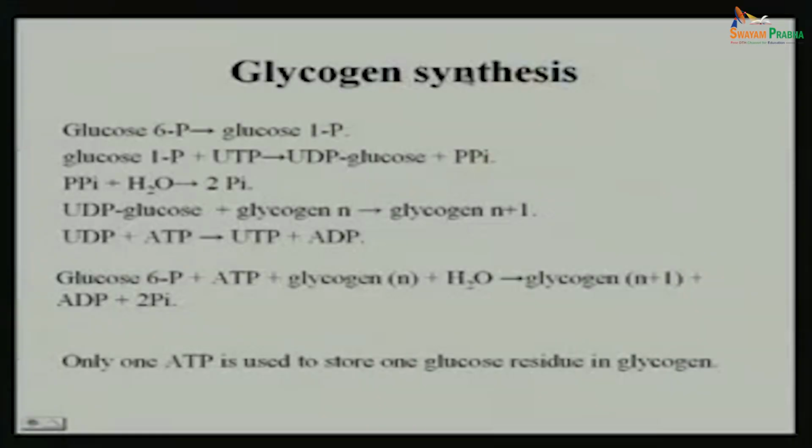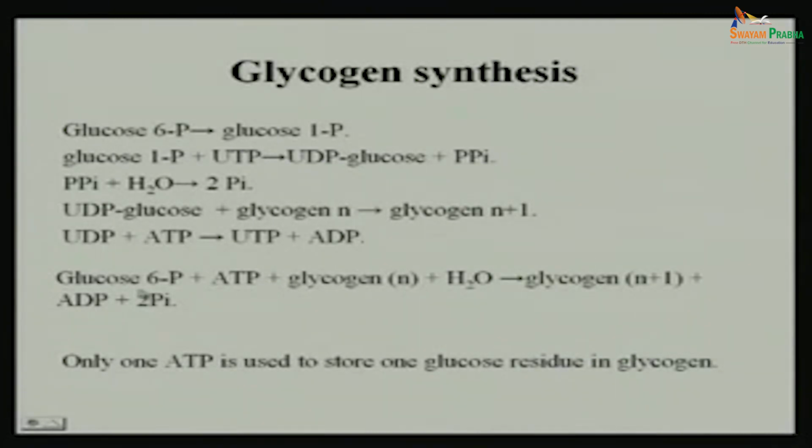Now, if we see the glycogen synthesis, glucose 6-phosphate becomes glucose 1-phosphate. Glucose 1-phosphate in the presence of UTP produces UDP glucose and PPi. This pyrophosphate in the presence of water gives inorganic phosphate. UDP glucose now supplies glucose moieties to the glycogen, and glycogen n becomes glycogen n+1, and in this way the UDP glucose increases the chain length of glycogen.